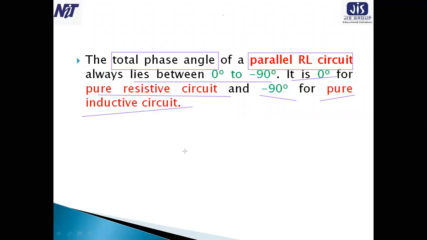Because in an inductive circuit, the current always lags behind the voltage by 90 degrees, and for a purely resistive circuit, the voltage and current always lie in the same phase. For that it is 0, and for an inductive circuit the current lags 90 degrees, so it is minus 90 degrees.